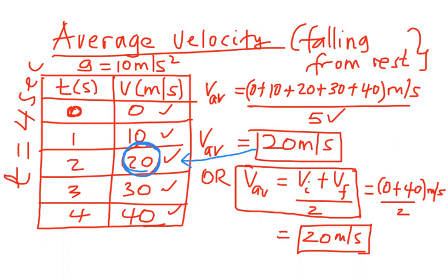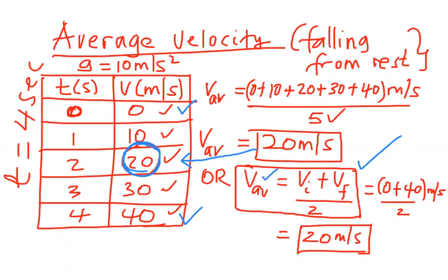You can also find the average velocity by simply adding the first velocity here and the last velocity here. So this formula also can be useful. If you want to find the average velocity, just add v initial plus v final, divide by 2, and you get your average velocity in this manner.